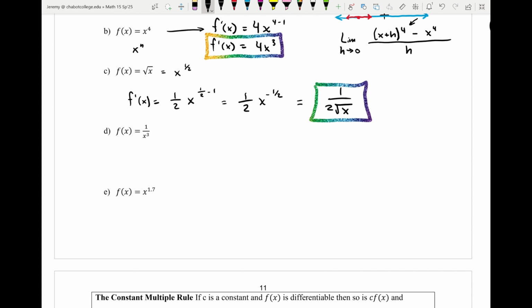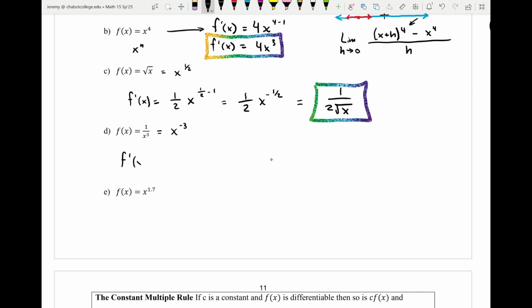How can we get the power rule to apply to this function, 1 over x cubed? In other words, how could I express this as x to the n power, where n is some real number? Well, I could just flip this up into the numerator and make this x to the negative third power. A little weird having a negative exponent there, but let's see what happens.